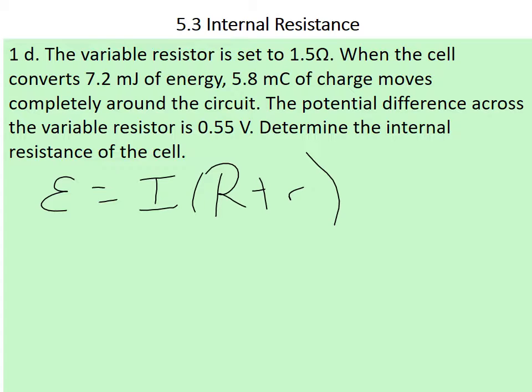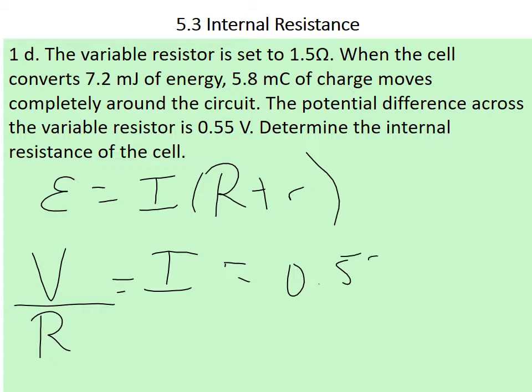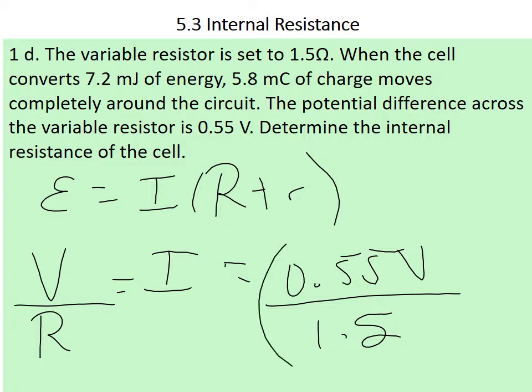V is equal to I times R. So the voltage across the resistor divided by the value for the resistor gives me I. So 0.55 volts dissipated divided by 1.5 gives me current. I'll plug this in right here. I know what epsilon is because we just solved for it. All that's left to do is to isolate the lowercase r.